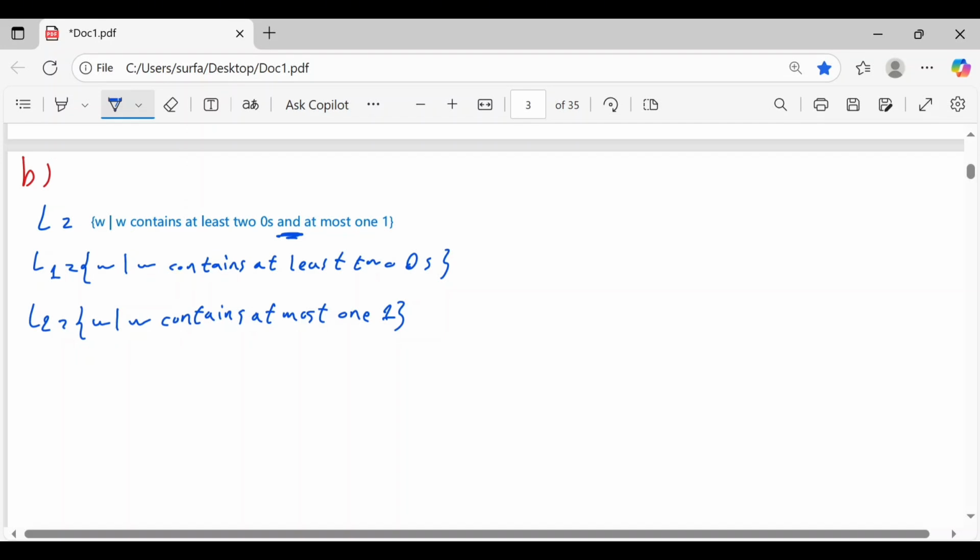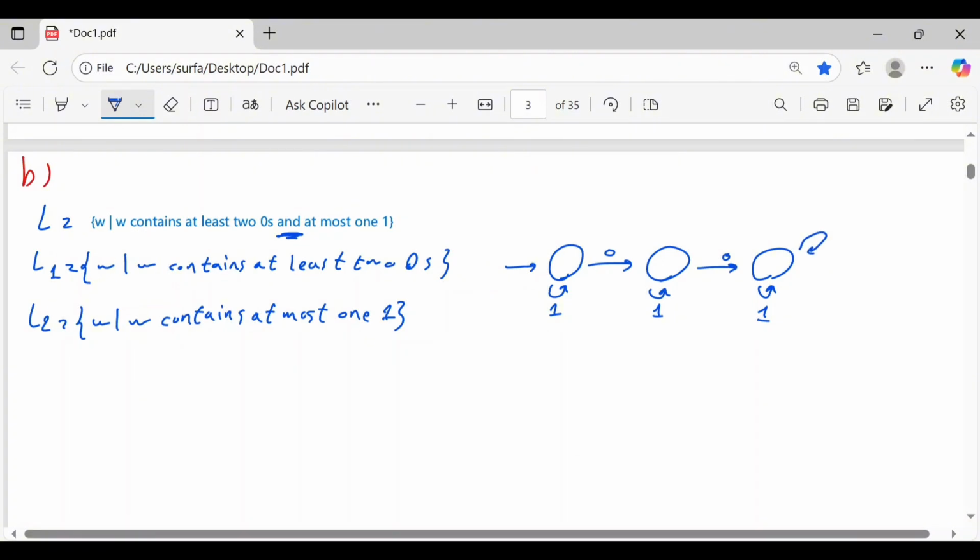We must have at least two zeros. This part is really like the part A that we solved together. So if we want to construct a DFA for this part, it will become like this. We know that the number of ones doesn't matter for us, so their arrows will be something like this, and all we care about is the number of zeros.